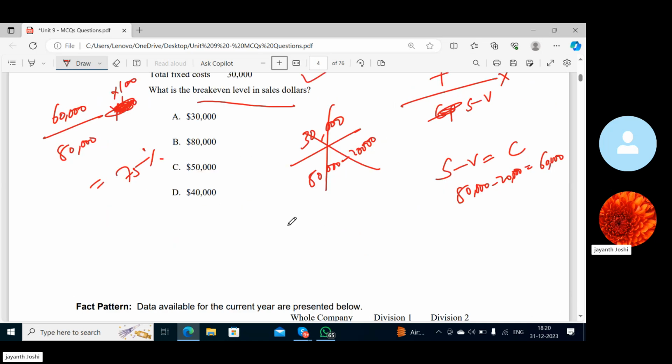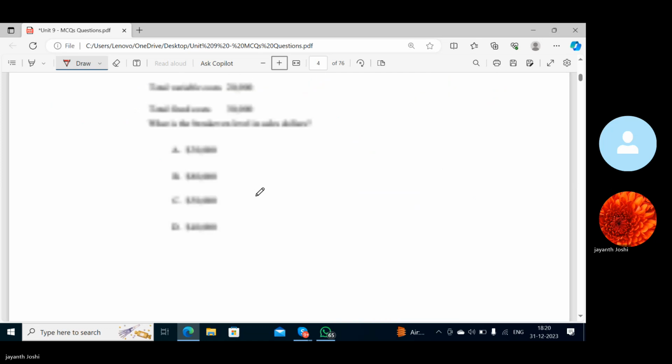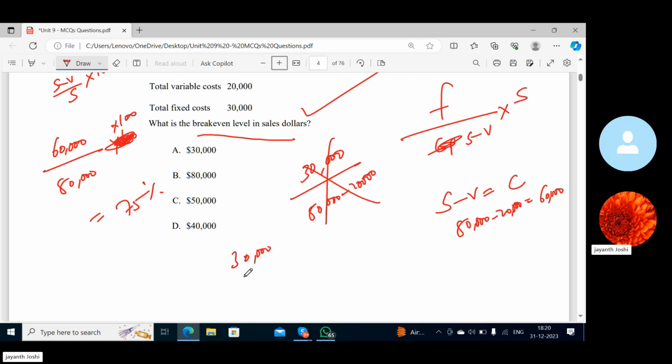We have fixed cost, right? 30,000 divided by 0.75 or 75%. Can you tell me what's the answer? You'll get the break-even point, break-even sales: 40,000.